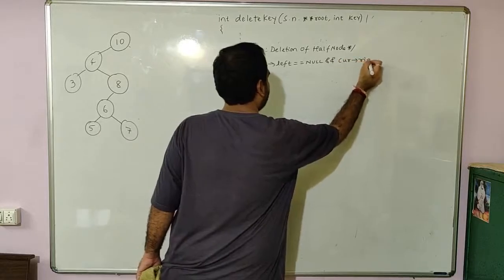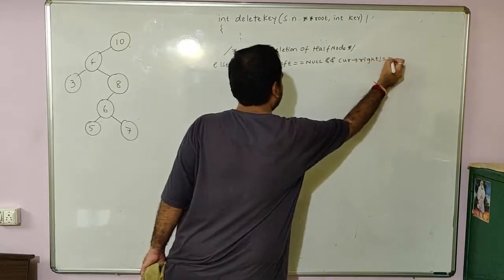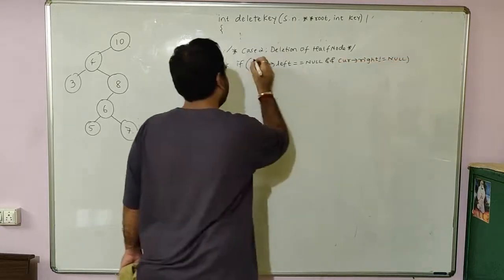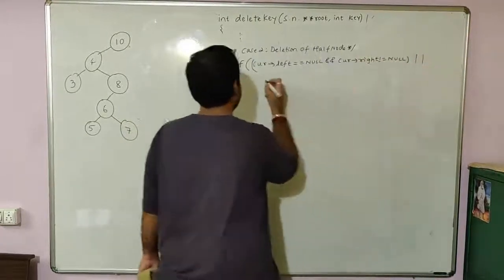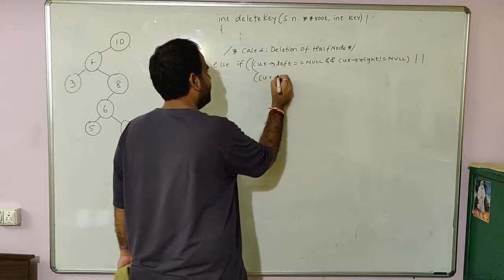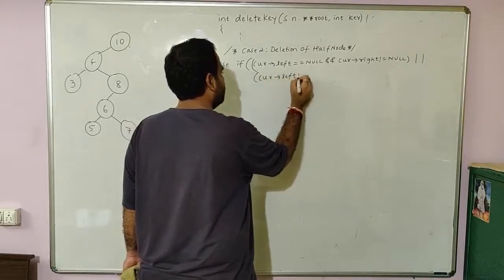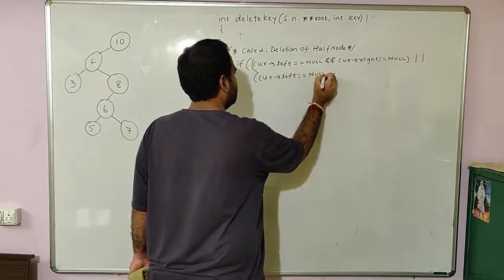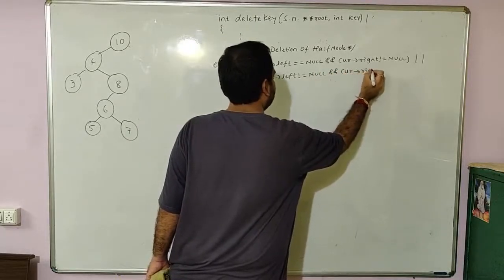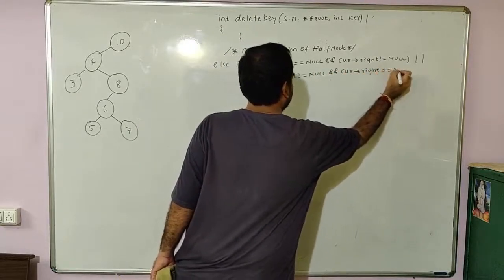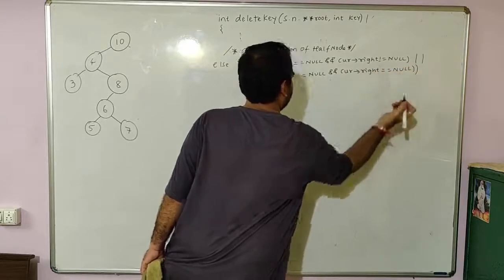Current arrow right not equal to null. This is one case. Or what is the second case? If current arrow left not equal to null, then current arrow right should be equal to null.